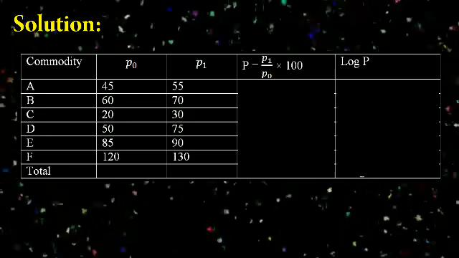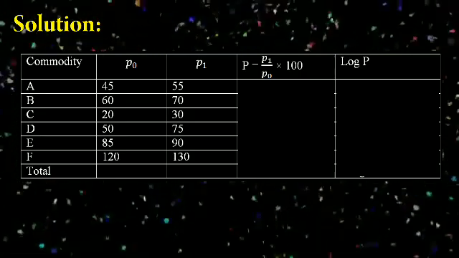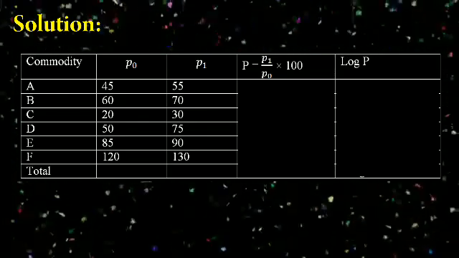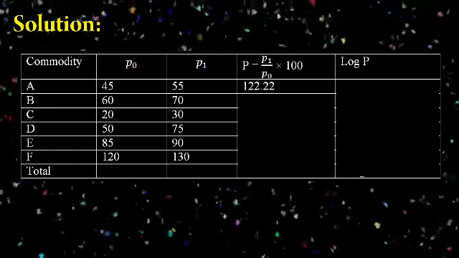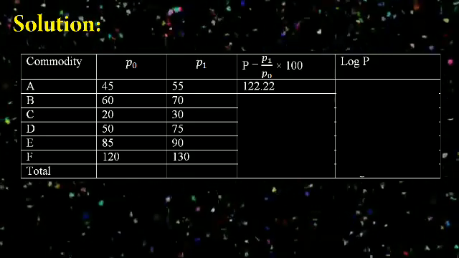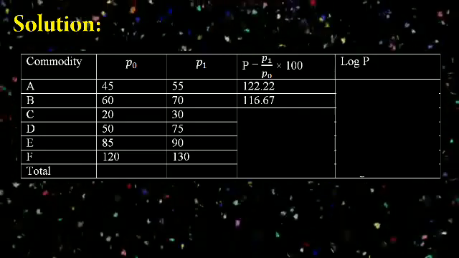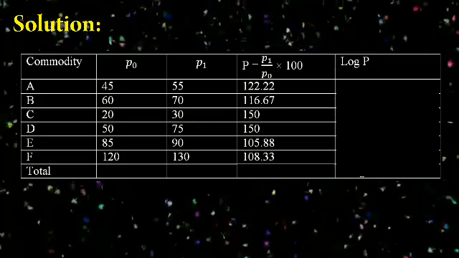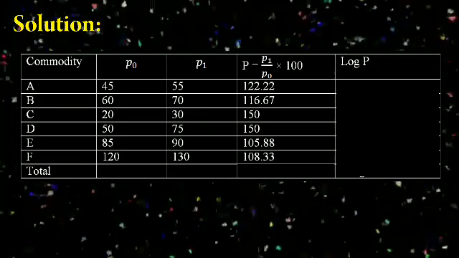For the first commodity, A, P is 55 divided by 45 multiplied by 100, which is equal to 122.22. Second value, 70 divided by 60 multiplied by 100, which is equal to 116.67. Similarly, compute the rest of the values.